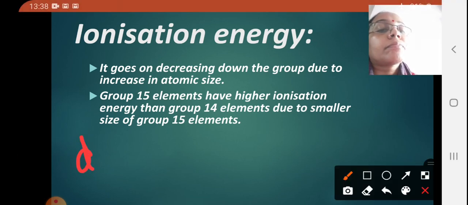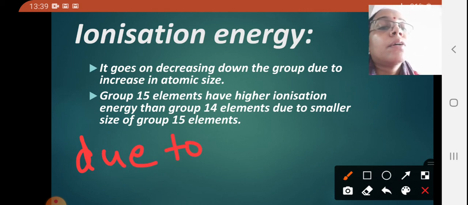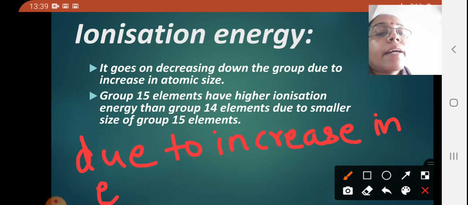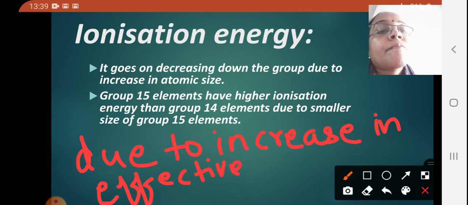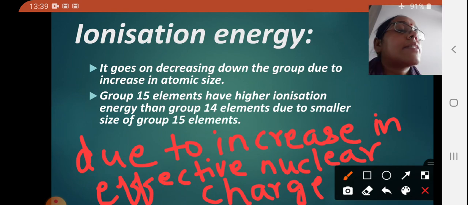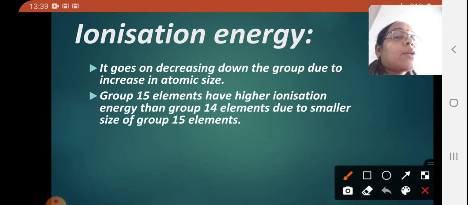Due to increase in effective nuclear charge, the atomic size decreases, and that is why group 15 elements have higher ionization energy than group 14 elements.